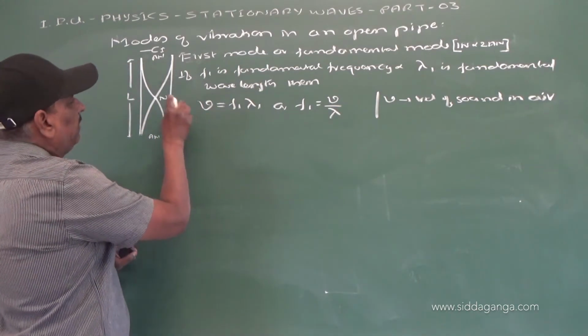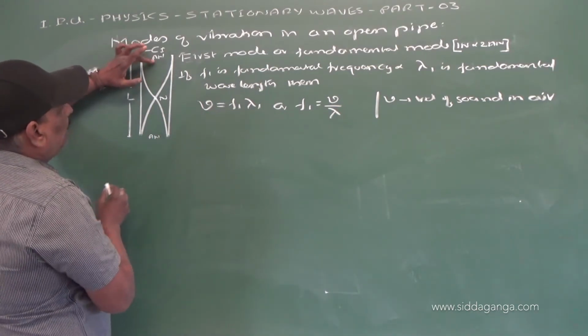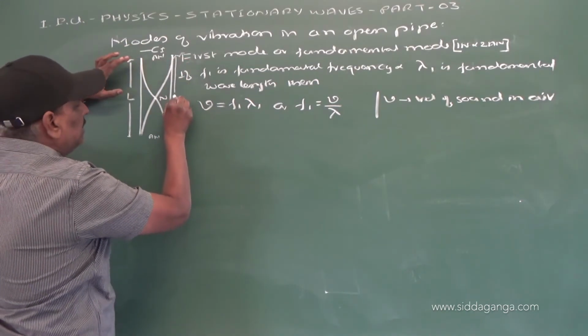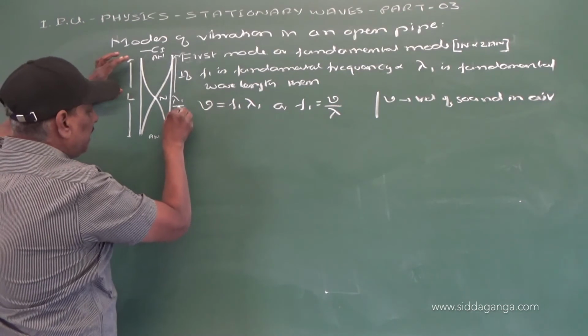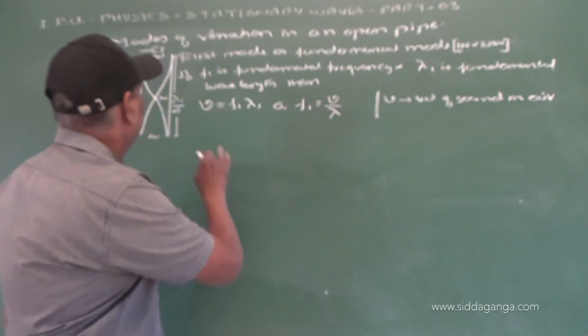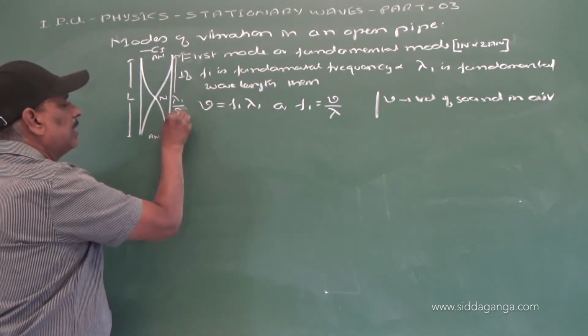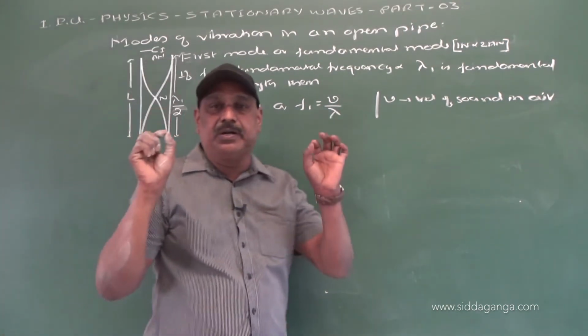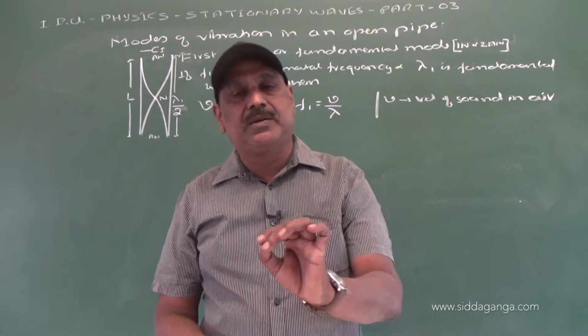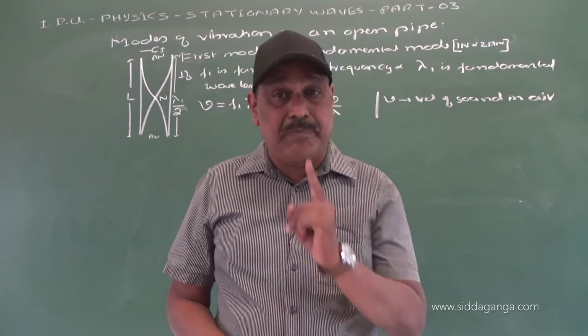Now, if two antinodes are formed, the distance between two antinodes is lambda 1 by 2. Remember that the distance between two successive nodes is lambda by 2, and between two successive antinodes is lambda by 2.